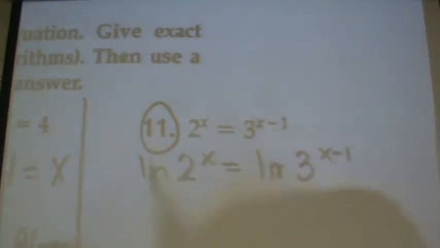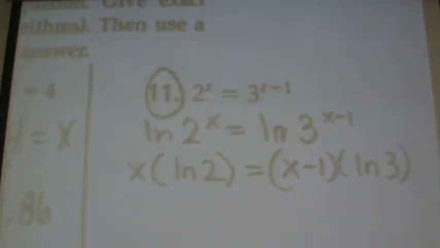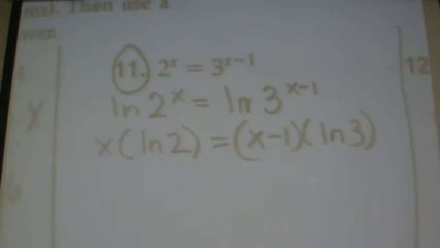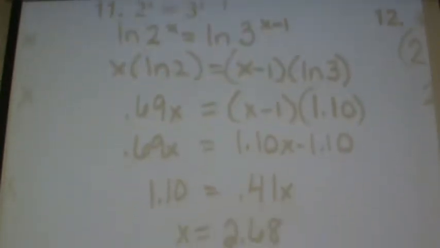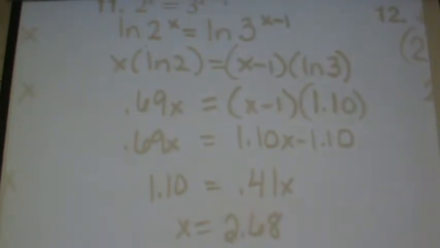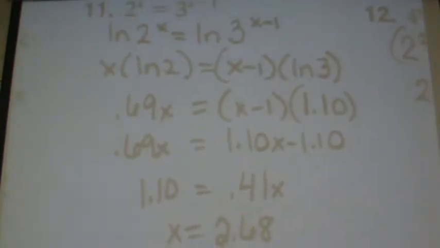You bring the power in front, so it's x times ln 2, and then x minus 1 times ln 3. So you have to figure out what ln 2 is, what ln 3 is. And you should get 2.68 for this answer.